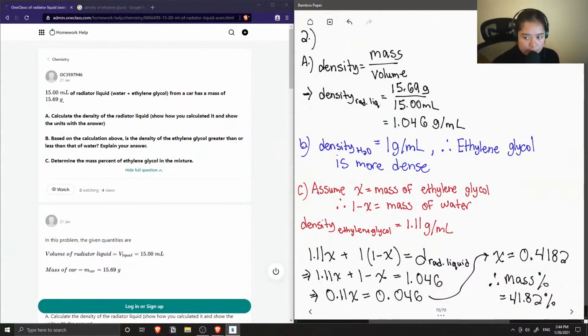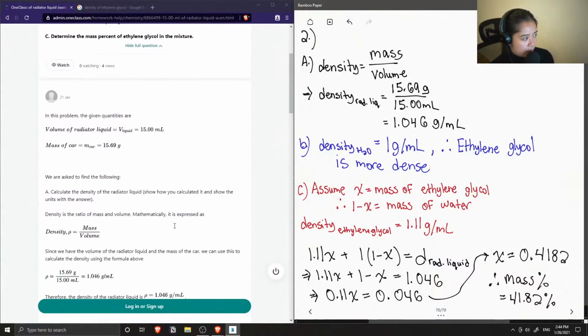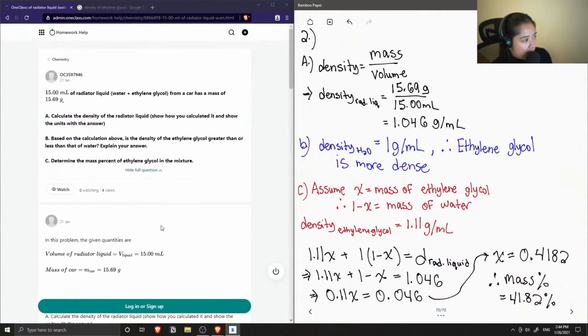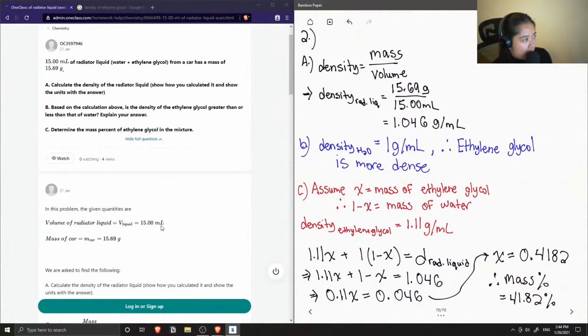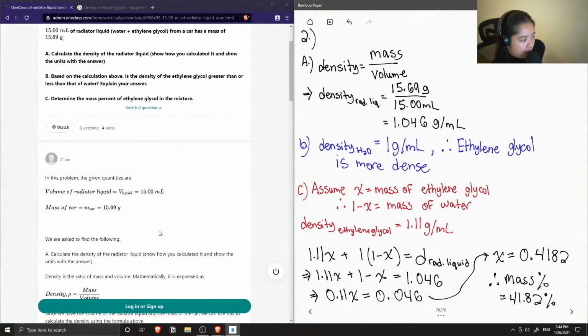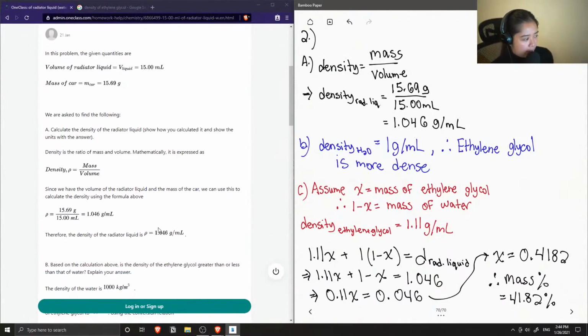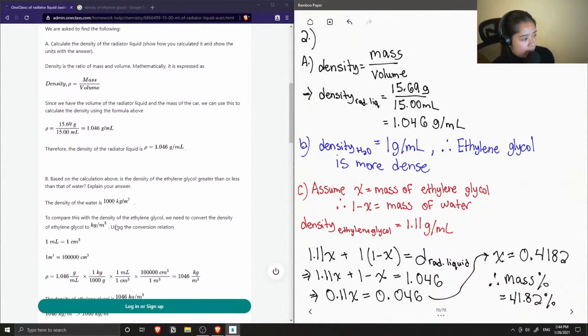So now let's see what the junior tutor said. And in this problem, the given quantities are the volume of radiator liquid, which is 15 mils, and the mass of the radiator liquid, which is 15.69. So when finding density, it's just mass divided by volume, and they also got 1.046 grams per milliliter.